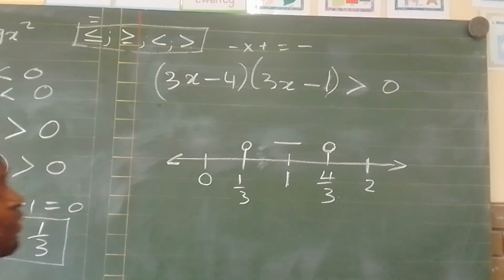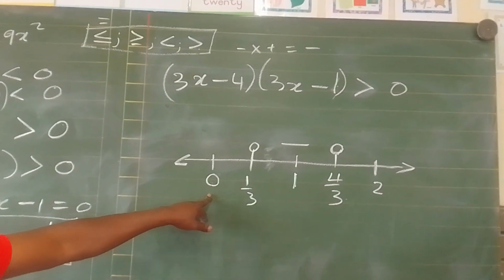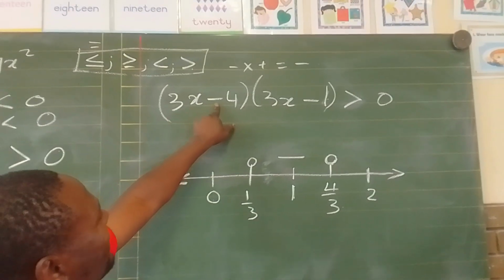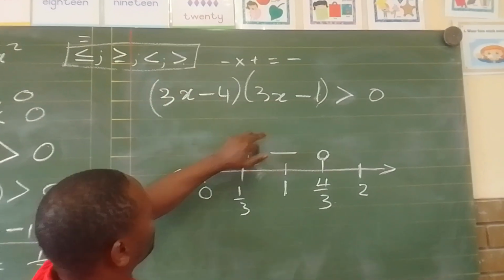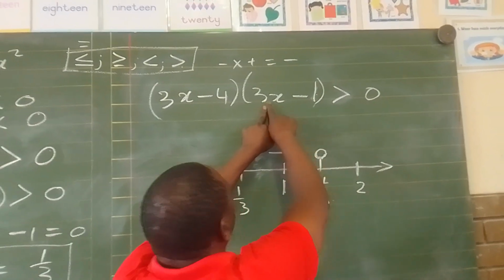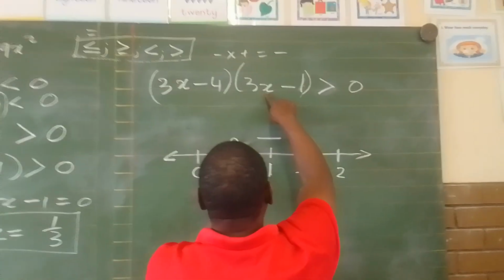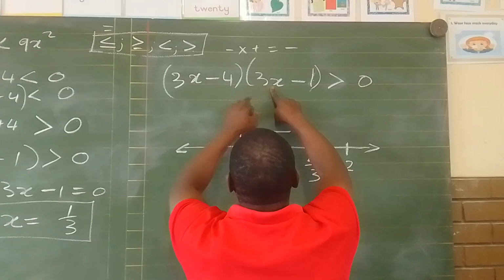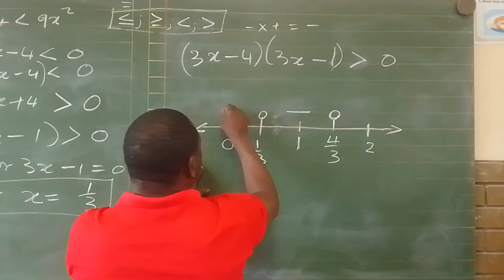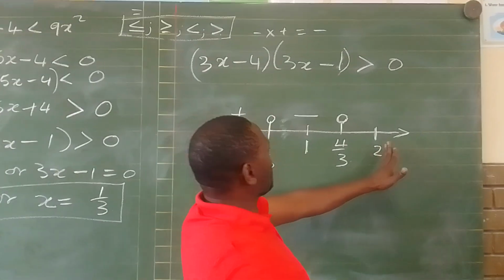It is negative in between there. You come at 0, you substitute your 0 here. 3 times 0 is 0. You have a negative sign. You come here, you put your 0, 0 multiplied by 3 is 0. So you have a negative times negative, you get a positive. It is positive here.